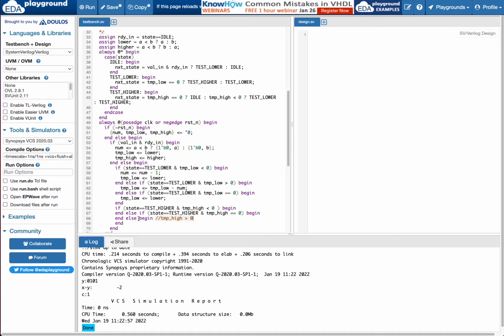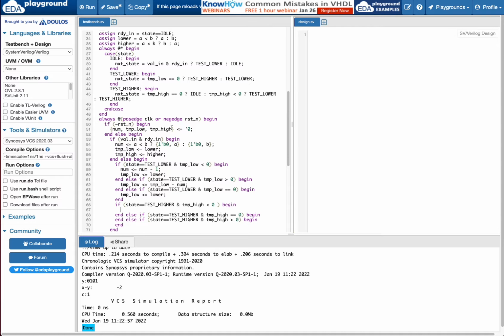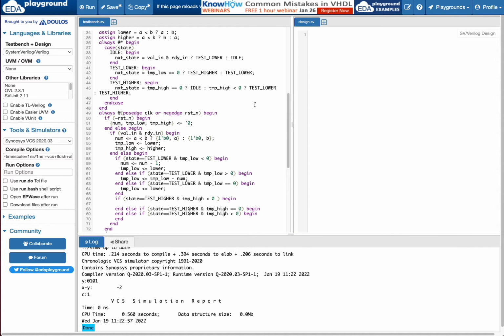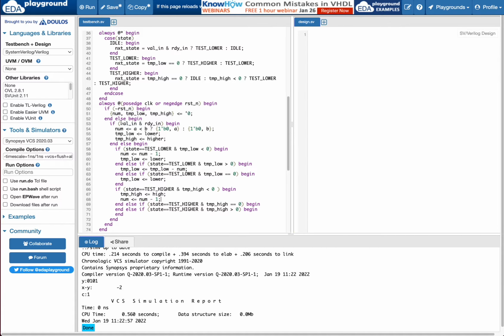So actually it can't be end else begin because we're not guaranteed state is higher in the else case. So if higher and temp high is less than 0, then that means we're going back to test lower, which means temp high must be reset, and then also num is num minus 1, because this particular candidate num didn't work out. Num really should be named divider, but I guess it doesn't matter.